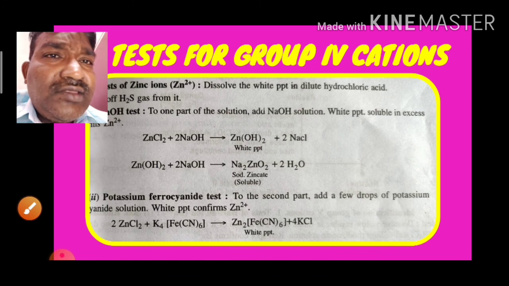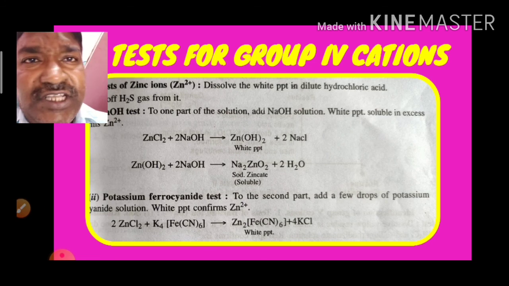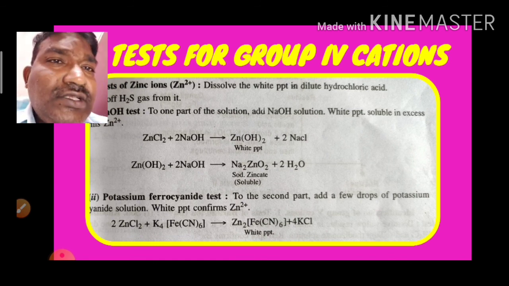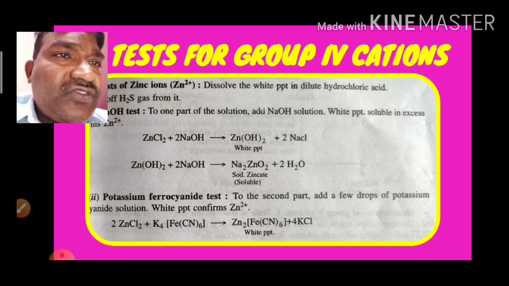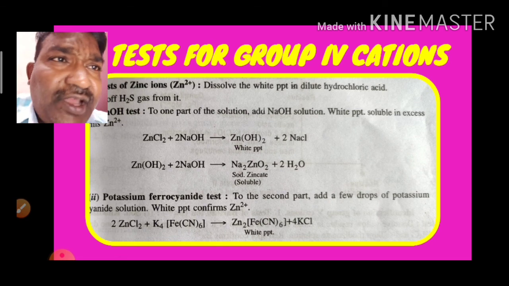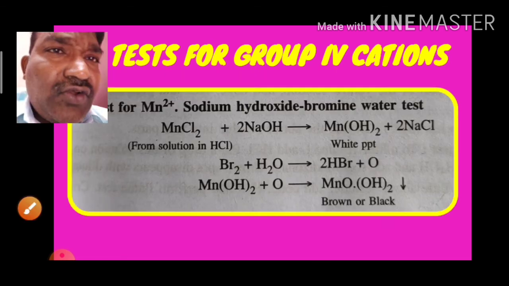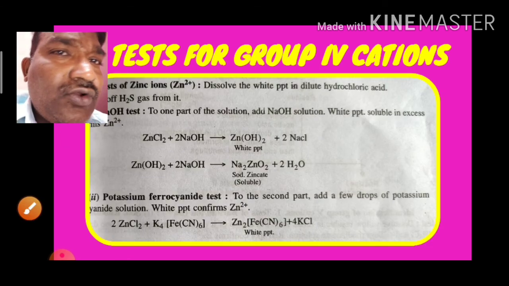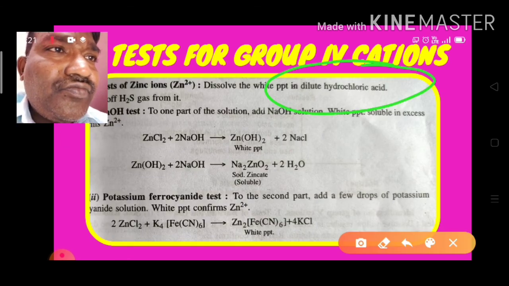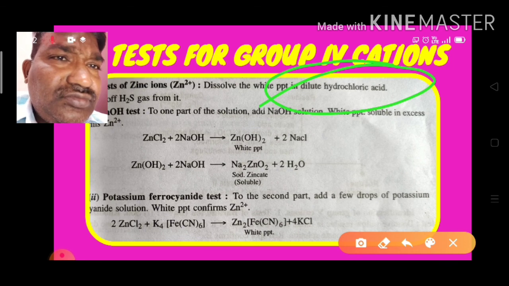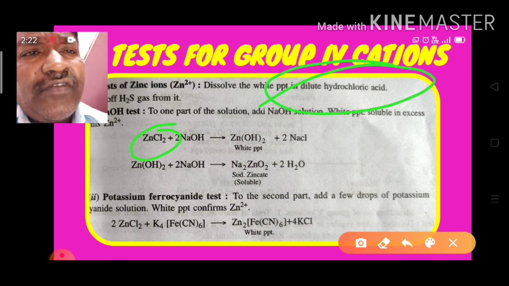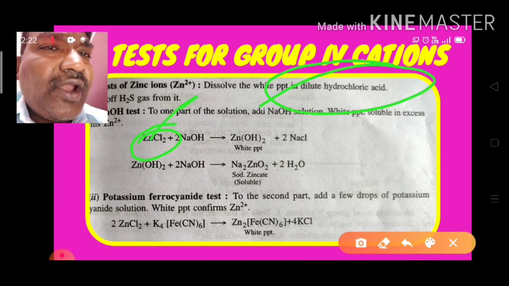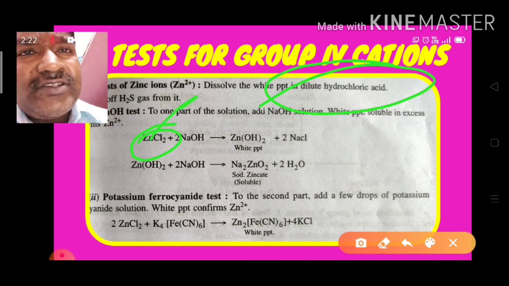The confirmation test for the zinc+2 ions is very similar to the confirmation test of the aluminum ions. We dissolve the precipitate by adding dilute hydrochloric acid. After addition of the dilute hydrochloric acid, the precipitate changes into the chlorides, so zinc changes into zinc chloride.